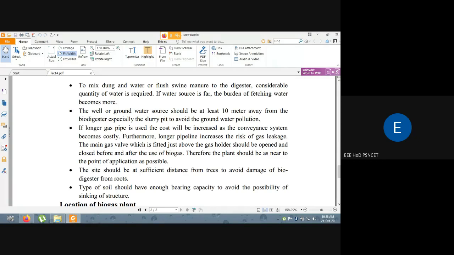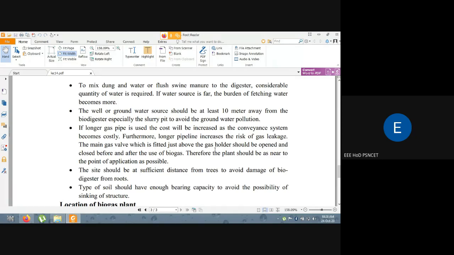Longer pipes also increase the risk of gas leakages. So the usage station will be as near as possible to the production area.